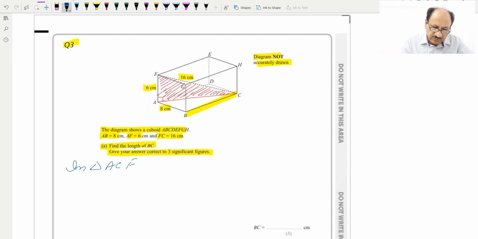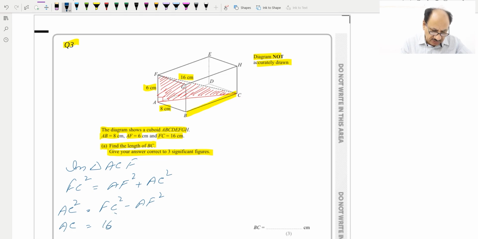So we need AC, so with FC, I'm applying Pythagoras theorem. So FC square is equal to AF square plus AC square, and our target is to find AC. So AC square is equal to FC square minus AF square. I've shifted AF to the other side, so AC will be equal to the root of FC, which is 16, so 16 square, minus AF, which is 6 square, and we take the root because we have removed the square of AC.